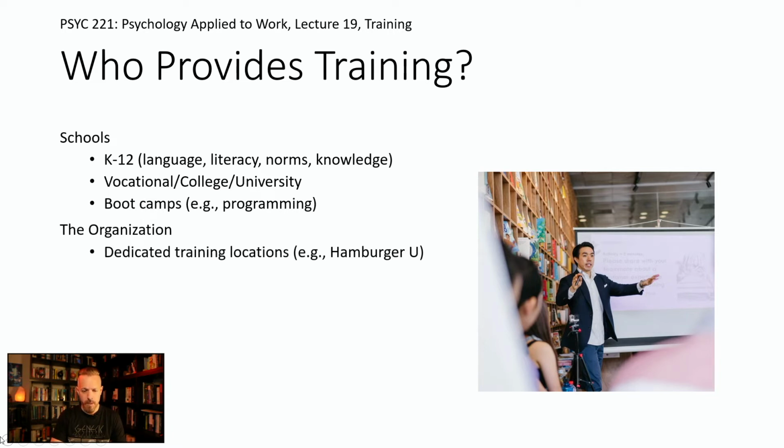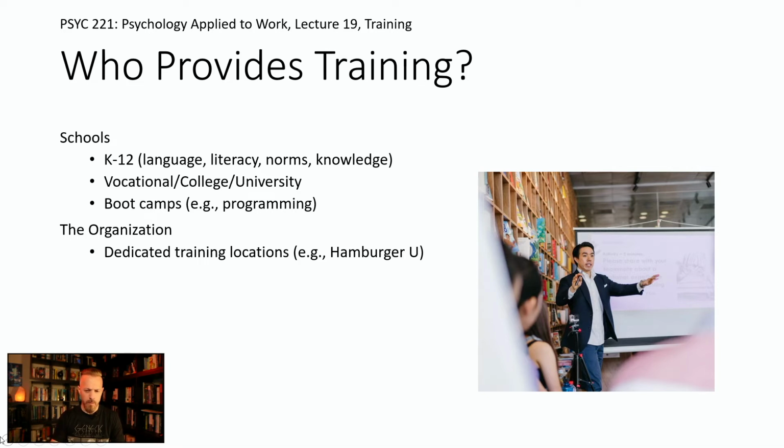So I gave you the example of McDonald's and Hamburger U, where they'll often have dedicated training locations. Hamburger University is really training future managers or existing managers of McDonald's restaurants. You don't go out to another state to learn when to listen to the alarm that tells you the fries are done.